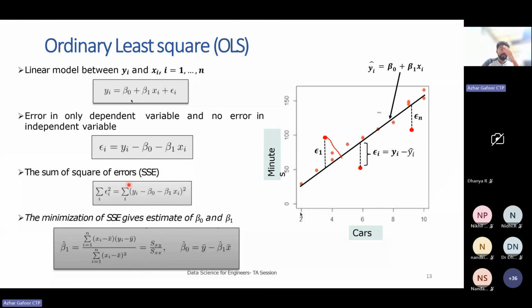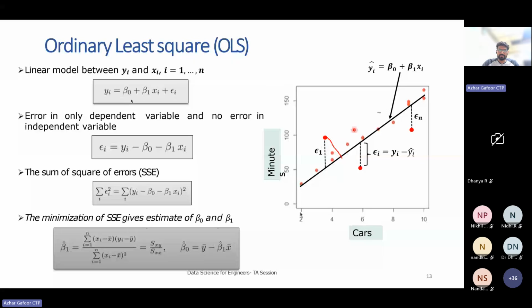Now we take the sum of squares of errors, which is given by squaring the errors and adding them all up. This is the quantity that we want to minimize.